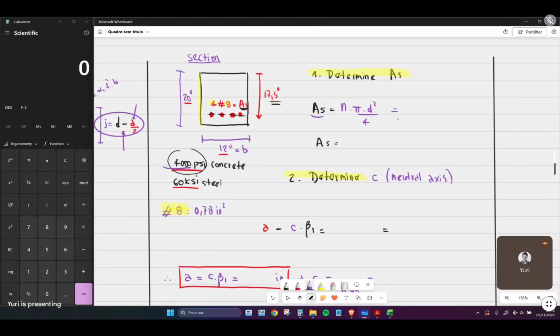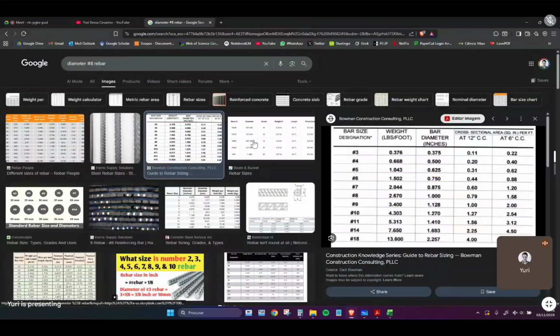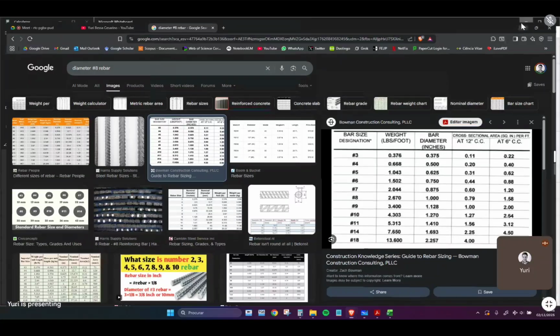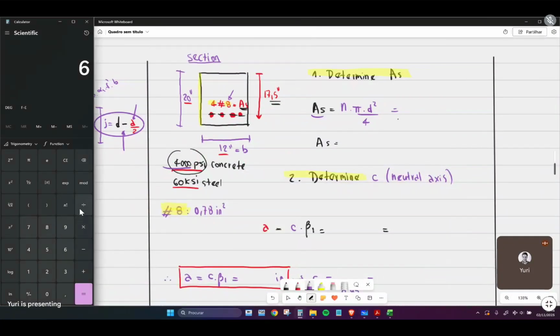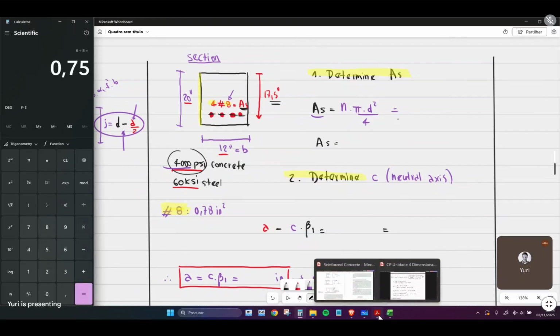Okay. And Yuri, how much is the diameter of the number 8 bar? Usually for the US system, it's that number divided by 8. So the bar diameter of the number 8 is 1 inch. If you take the number 6 bar, for example, you divide 6 by 8, and you have the nominal diameter, which is 0.75 inches.